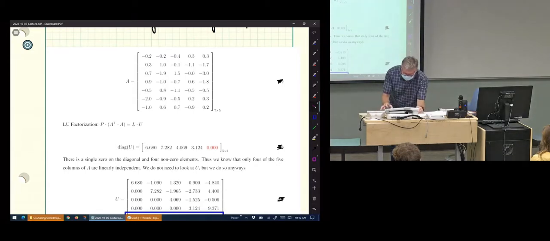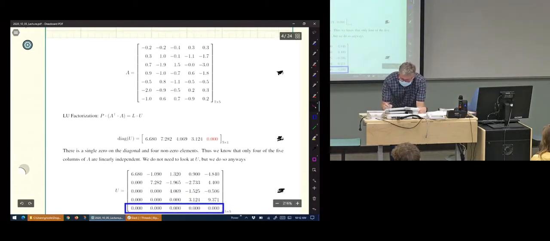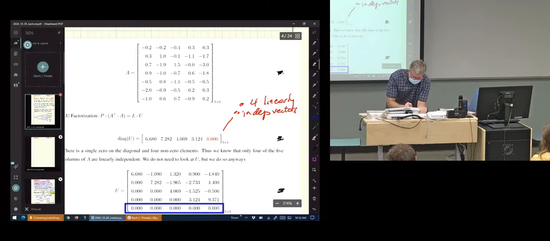So right here, we can conclude 4 linearly independent vectors.